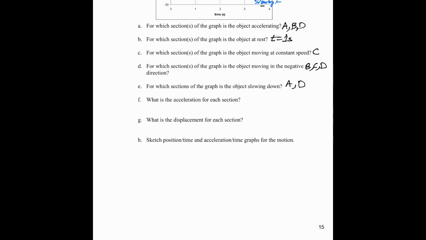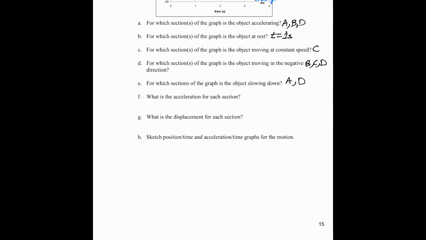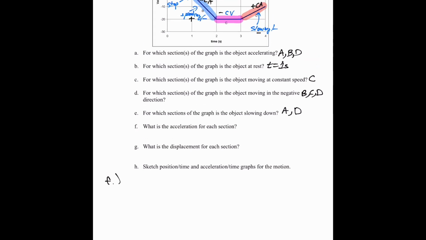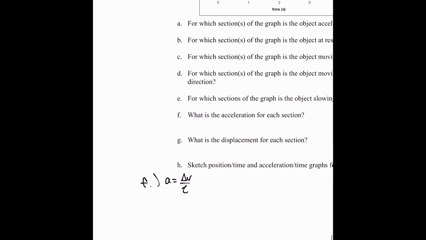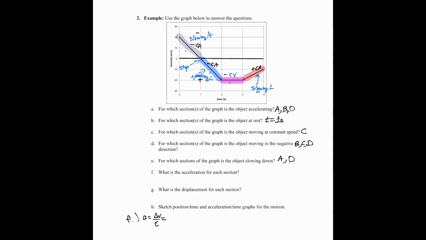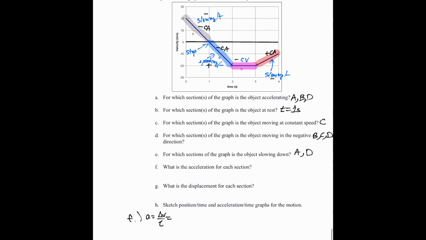Okay, now let's find the acceleration for each part. We'll do our work down below. So for part F, to find the acceleration, that's the change in velocity over the time interval. So the change in velocity for the first segment A is going to be 0 minus 20 over a 1 second time interval, which is negative 20 meters per second squared.